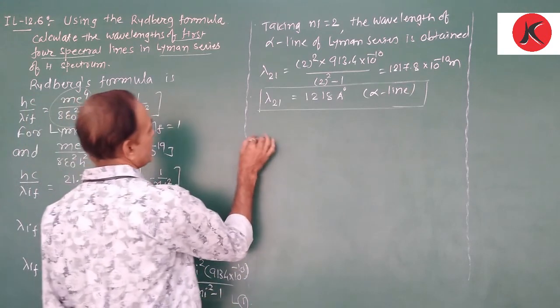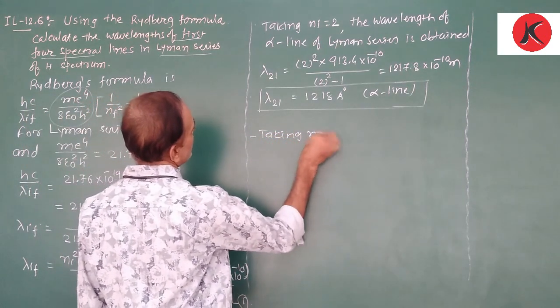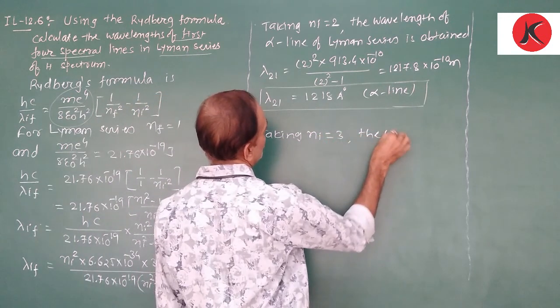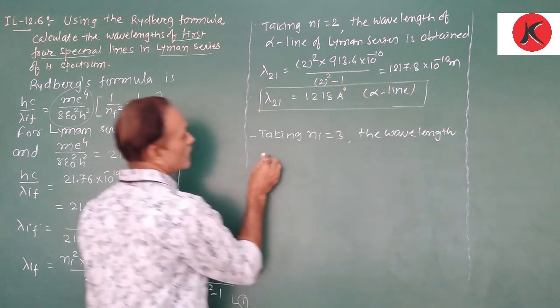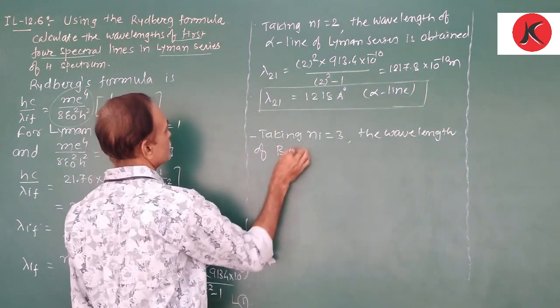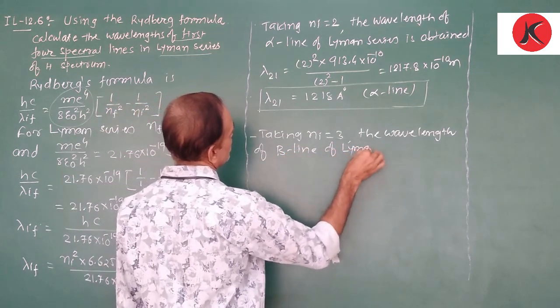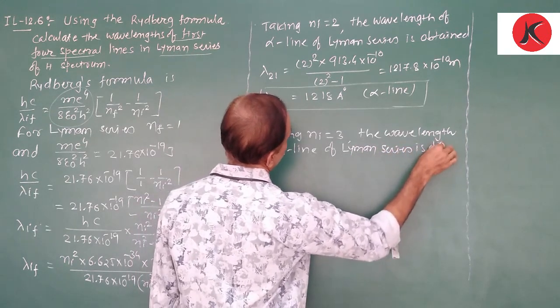Now taking Ni is equal to 3, the wavelength of the beta line of the Lyman series is obtained.